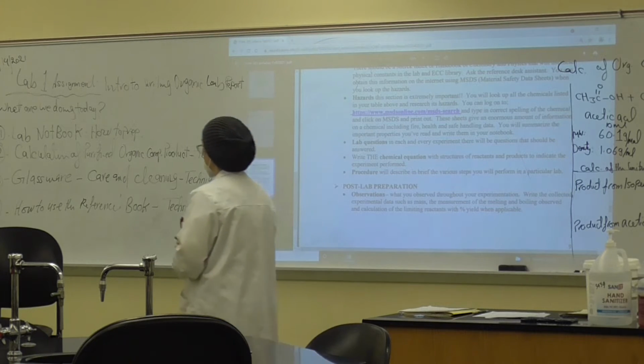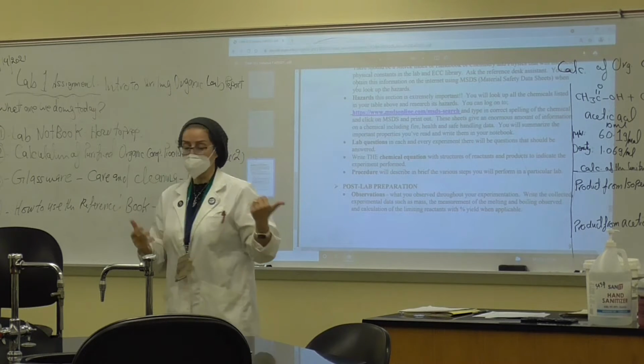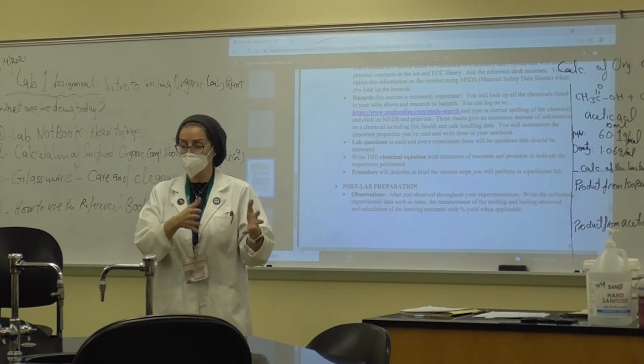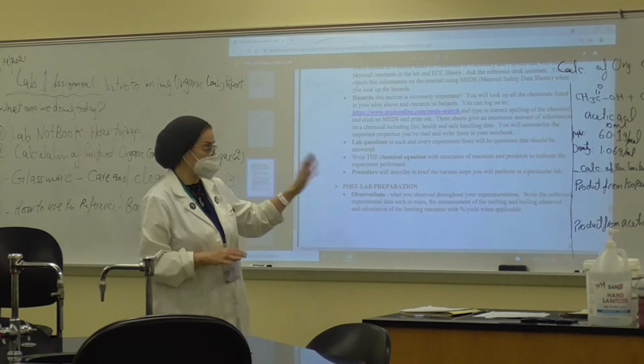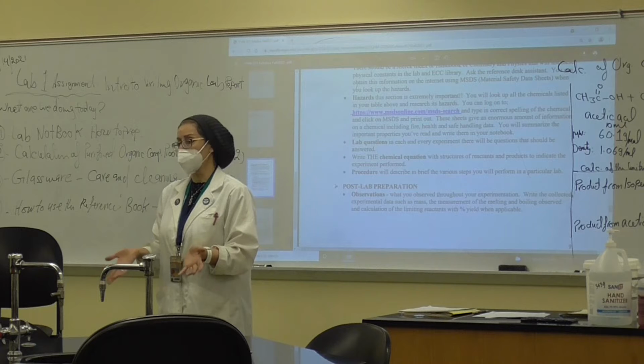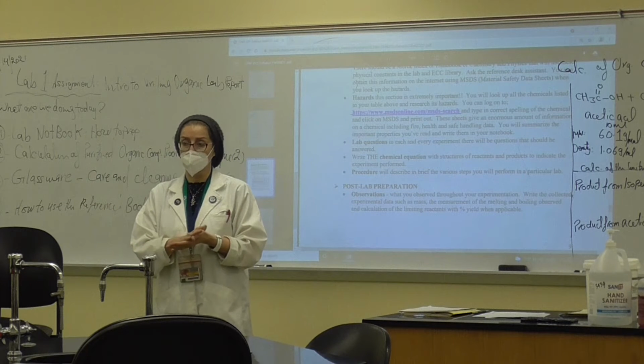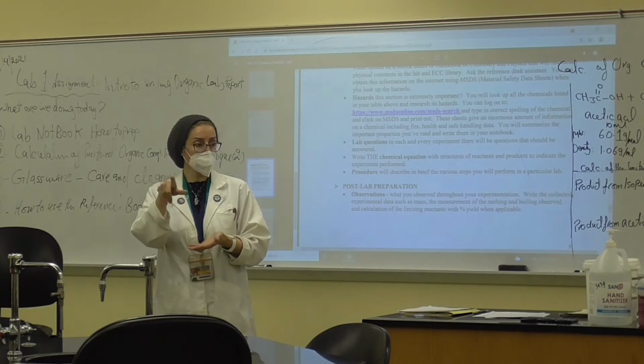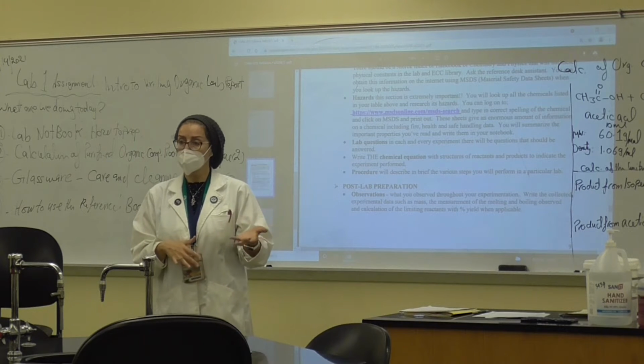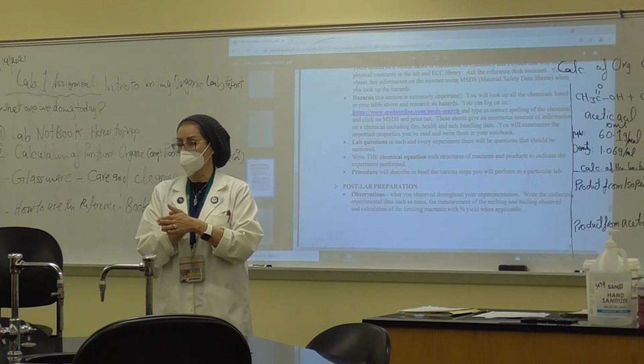Then we are going to go back to the reference books after we finish the glassware and the calculation. So this is what we're going to do today. And I see some of you already have your own marble book. This is what you need to keep for yourself.